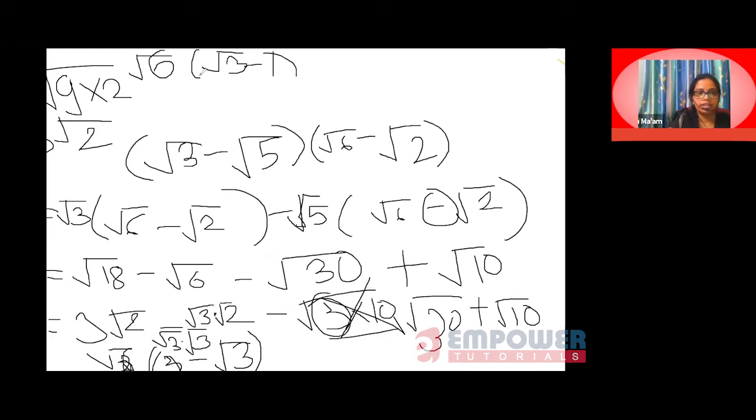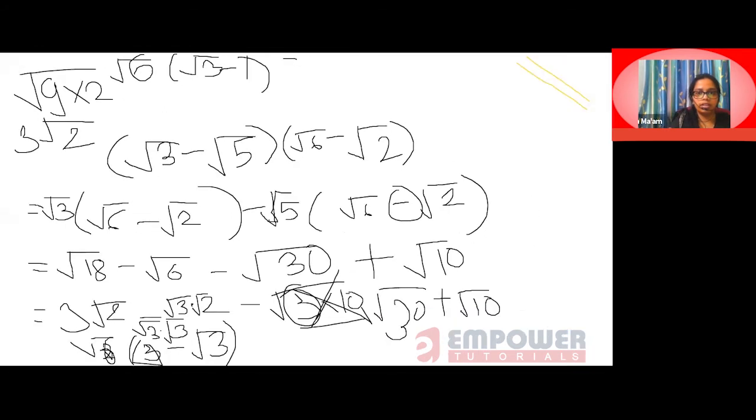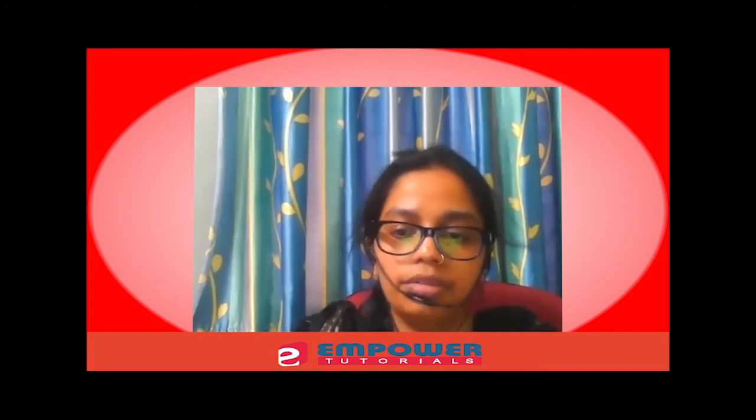And this will be minus root 30 plus root 10. Understood? So this is how you have to do all the calculations regarding irrational numbers. We will see some more problems regarding this.